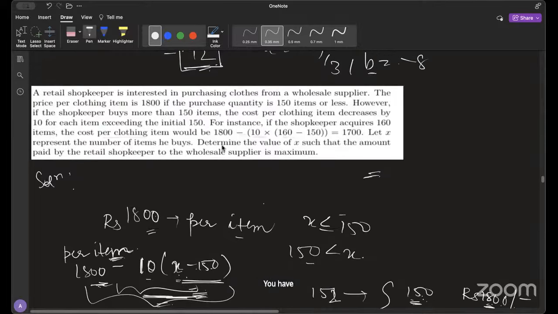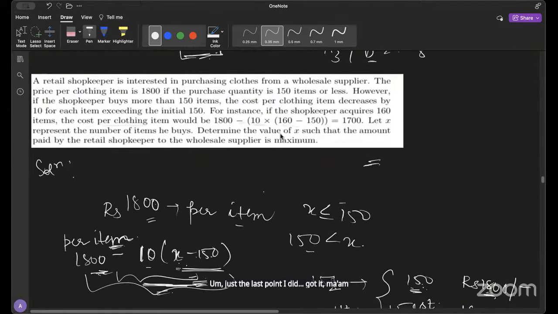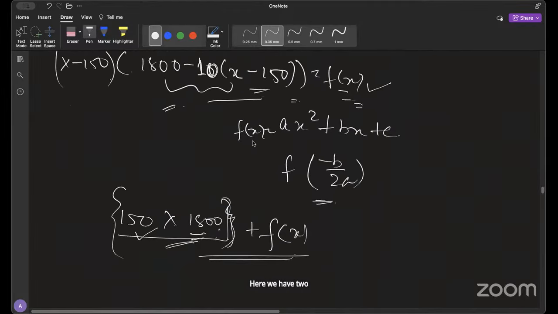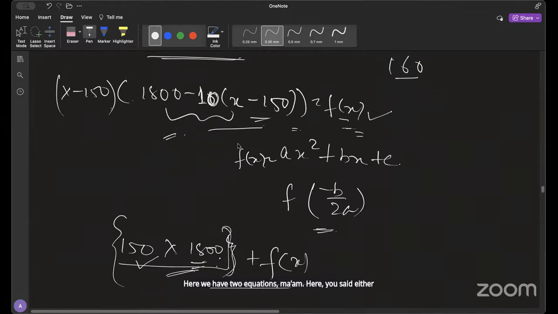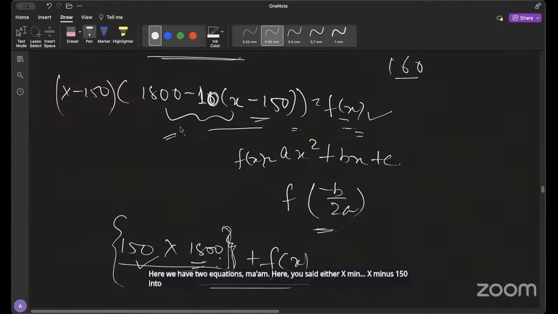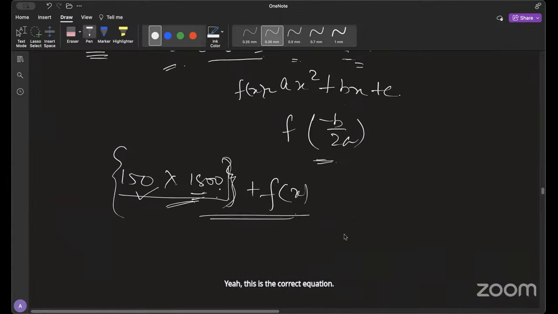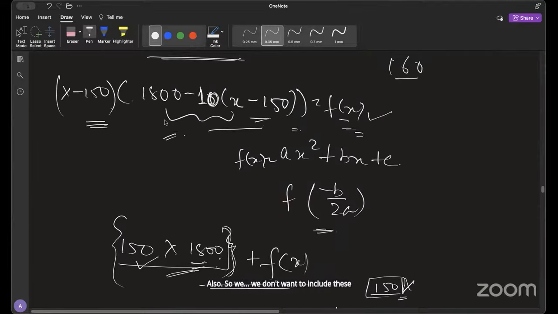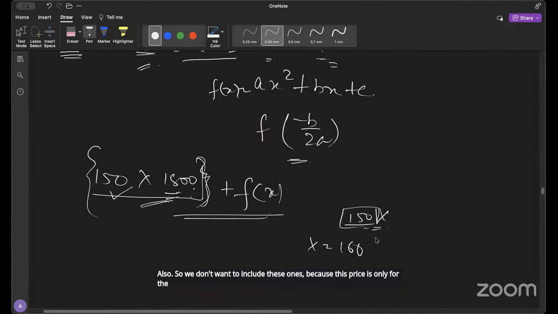Ma'am, I didn't get the last point. My point was that here we have two equations. Here you said either x minus 150 into 1800 minus 10x. This is the correct equation. The x is everything. So if your x is 160, it includes the first 150 ones also. We don't want to include these because this price is only for the ones after 150 items, right?